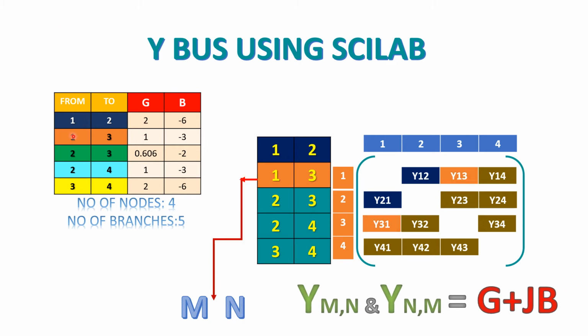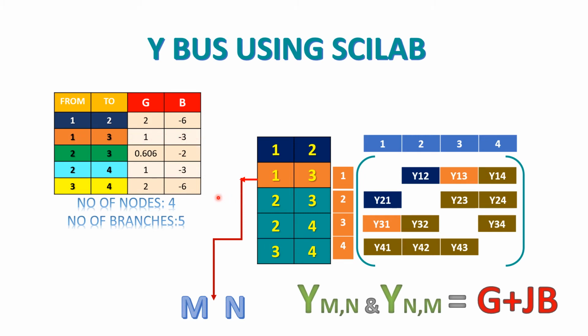Similarly, if you go to the second row, 1 and 3 are written. So 1 goes to m and 3 goes to n. So Y13 and Y31 are nothing but the corresponding values of g and b of the particular row.